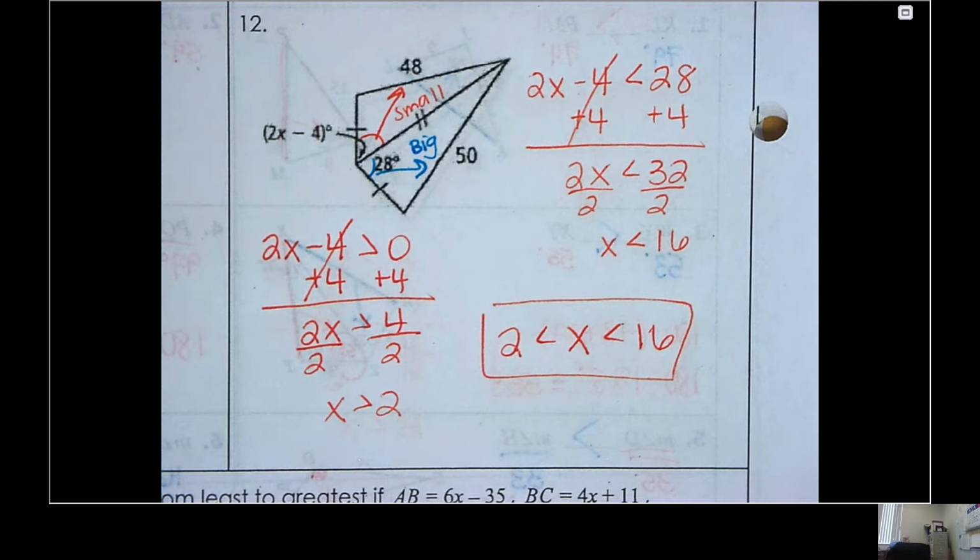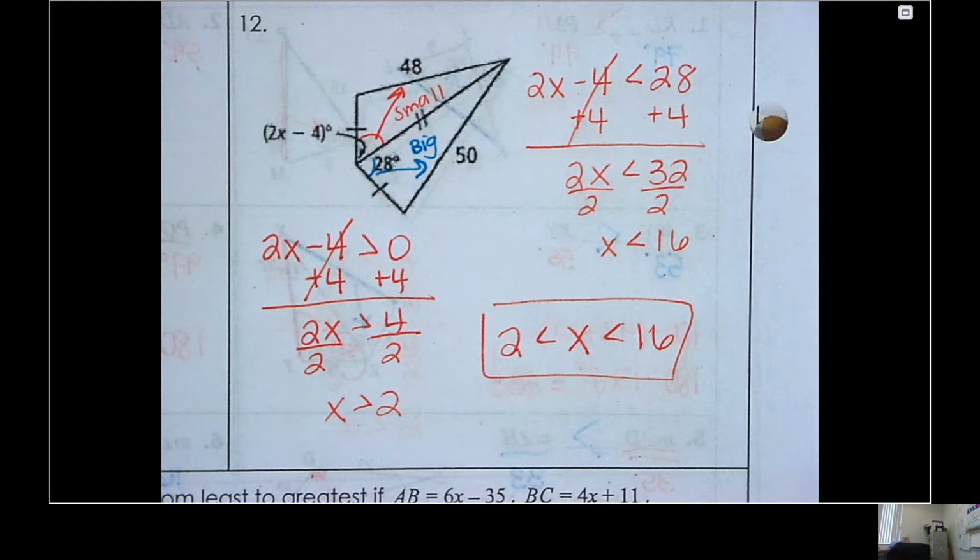All right, check yours with mine. So always start by taking your equation and making it bigger than 0. It's a great place to start. That'll give you your minimum every time, bigger than 0. Add 4 to both sides, divide by 2, x is bigger than 2. Then your angle is less than this angle right here.